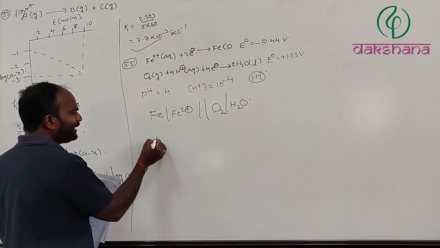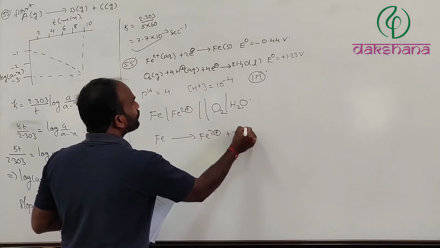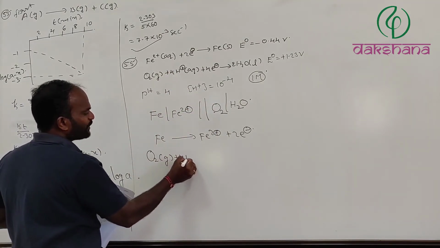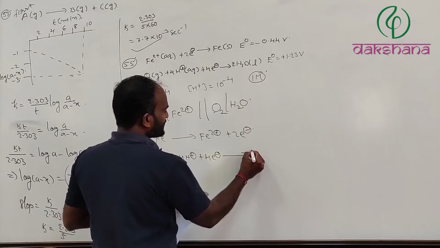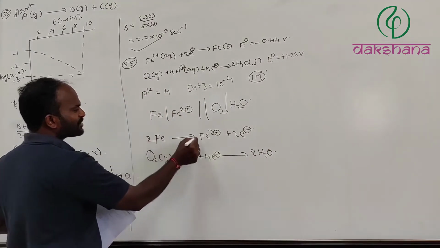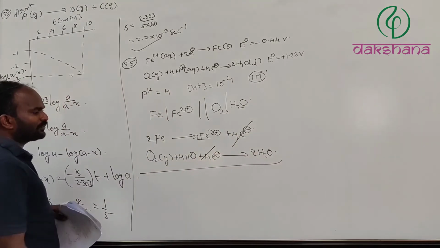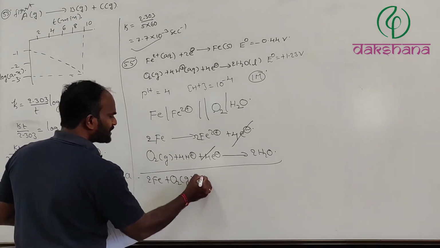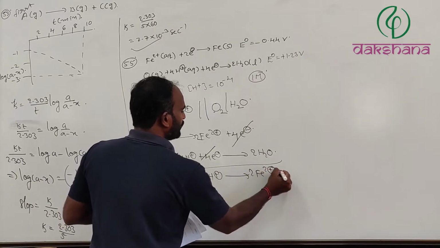For this reaction, Fe gives rise to Fe²⁺ + 2 electrons, whereas the other reaction is O2 gas + 4H⁺ + 4 electrons gives rise to 2H2O. Multiply the first reaction with 2, therefore it becomes 4 electrons. Just adding these reactions, 4 electrons and 4 electrons cancel, and it will be 2Fe + O2 gas + 4H⁺ gives rise to 2Fe²⁺ + 2H2O.